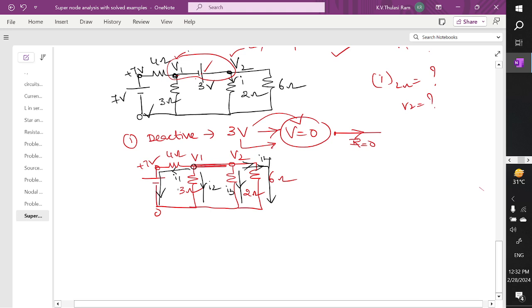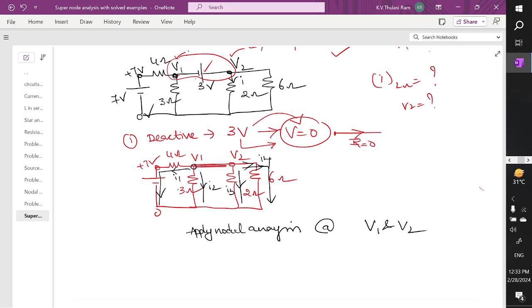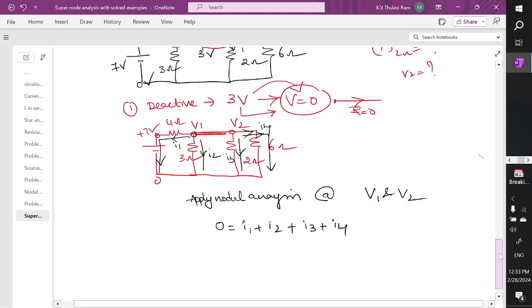As per our nodal analysis, we are going to apply nodal analysis at V1 and V2. Now see what the entering currents are: no current is entering, entering currents are 0. Leaving currents: I1 is one current leaving the node, I2 is the next leaving current, I3 is another leaving current, and I4 is another leaving current.